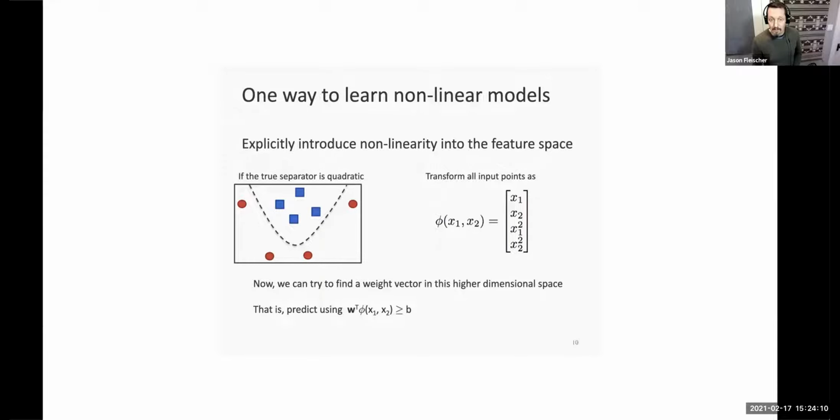So we took this singular x dimension and turned it into a polynomial feature set. It was x1 and x2, and then we can transform that. Those are the linear features, and here are the polynomial features.